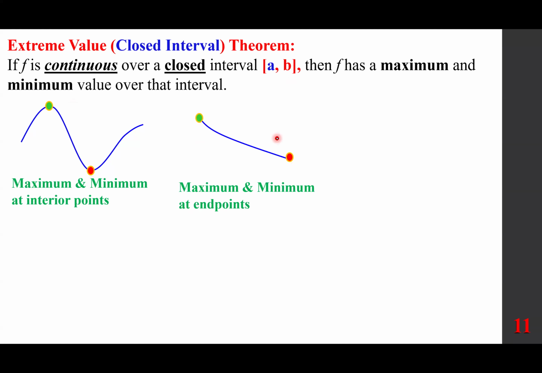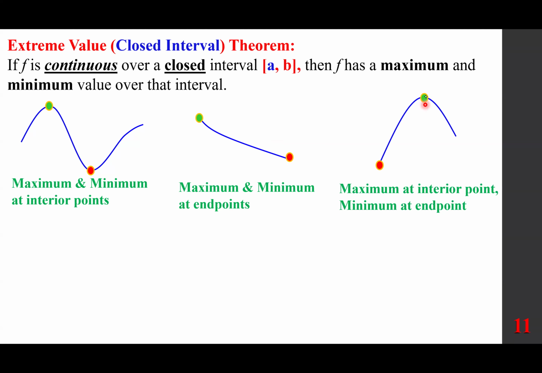And endpoints cannot be local. Absolute max, absolute min, this is also local. So maximum at interior point, minimum at endpoint. This endpoint is nothing, because endpoints must be either absolute max or absolute min. They are not local.